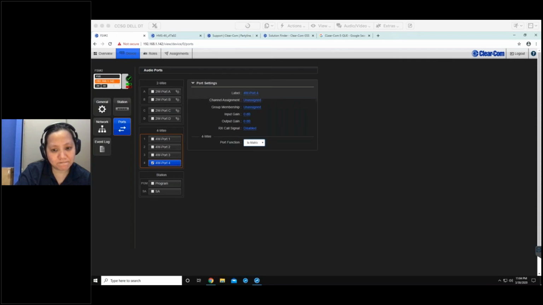On that page, you'll see there's a diagram to make an RJ45 to male and female XLR connectors. So you can go into your 4-wire port, and if you've designated it as panel, you'll be able to connect XLRs into that adapter, so you can get into the 4-wire.